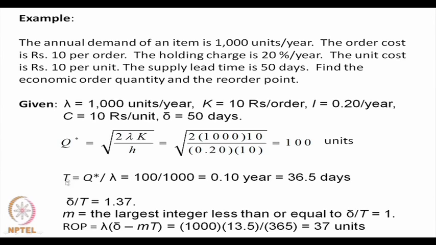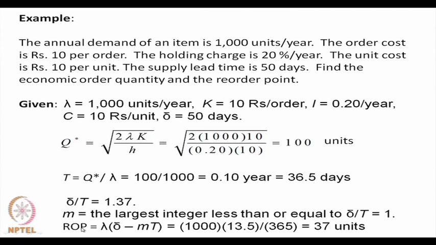The cycle length is nothing but Q star divided by lambda, that comes to 0.10 year, which is something like 36.5 days, but the supply lead time is 50 days. So, delta divided by cycle time is 1.37, that is 50 divided by 36.5, and the largest integer less than or equal to this value is 1.